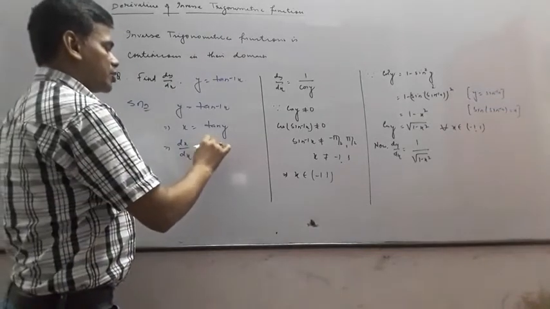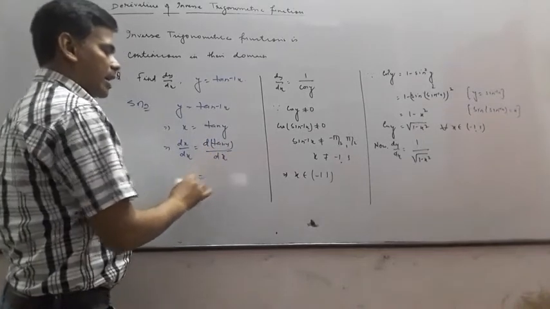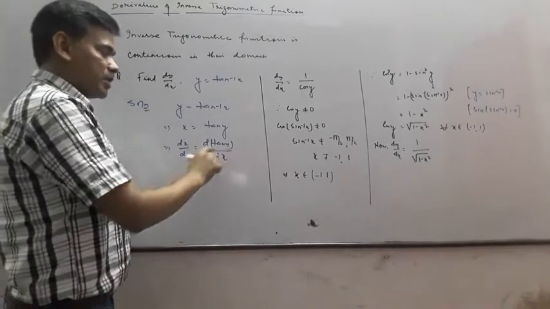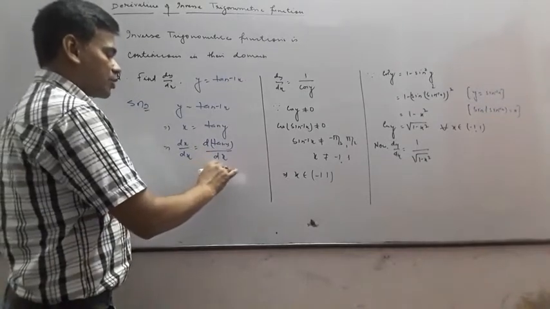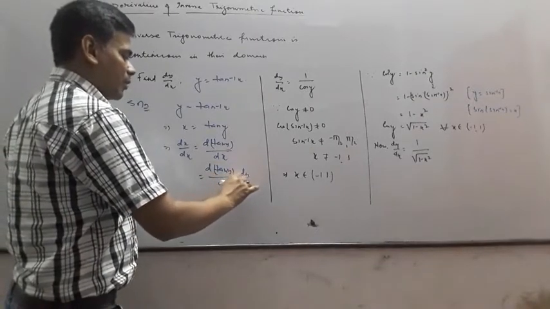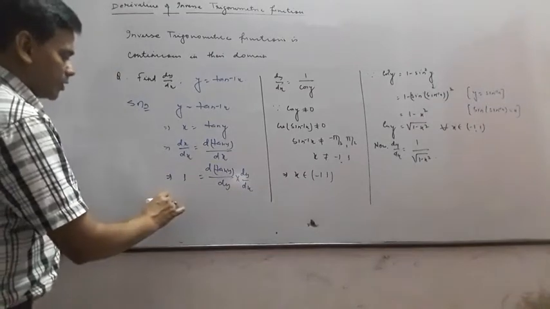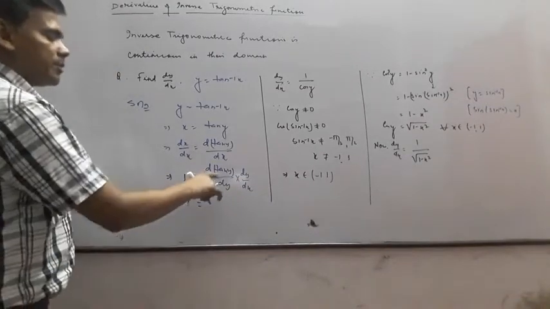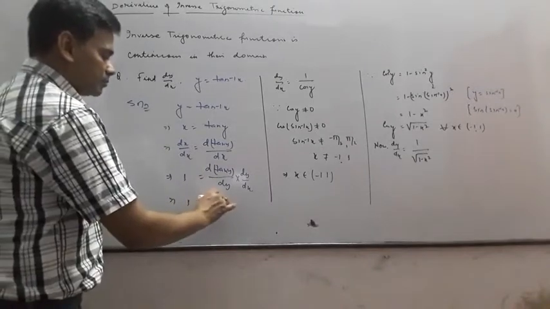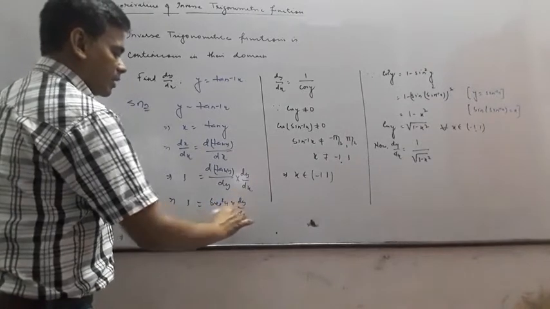Tan depends upon y, so it is differentiated with respect to y: d of tan y by dy into dy by dx, and the left side will be 1. The differentiation of tan y is sec square y, so 1 equals sec square y into dy by dx.